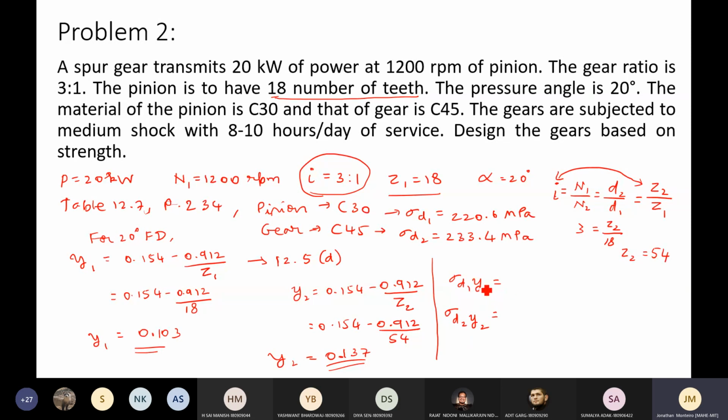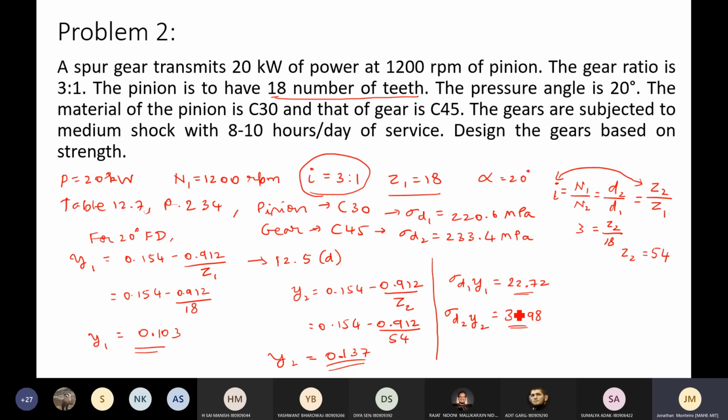How much did you get for sigma d1 y1? 22.72. Yes, good. And this should be around 31.9. Yes, correct, 31.98. Now it is very clear which is the weaker member. The pinion comes out lesser when compared to the gear.